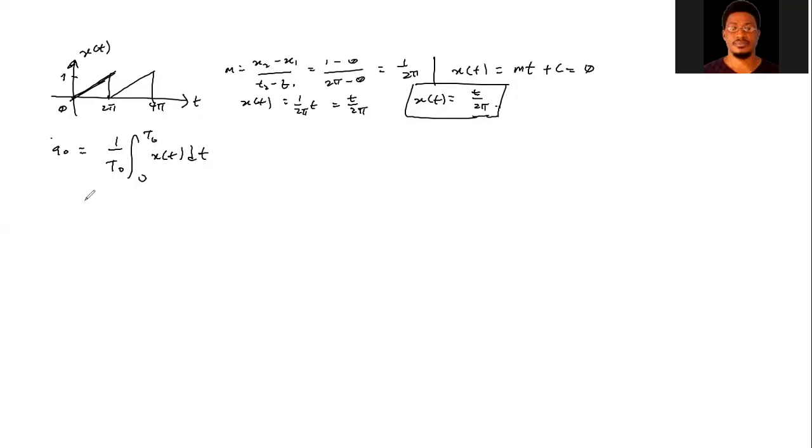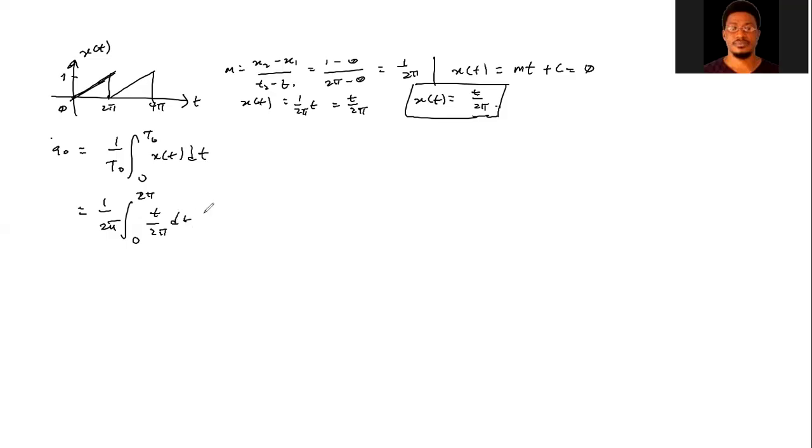So we plug that in, so that will be 1 over T0, integral 0 to 2 pi, because that's the time period, and T0 is 2 pi. So 1 over 2 pi, 0 to 2 pi, then s of t is t over 2 pi dt.